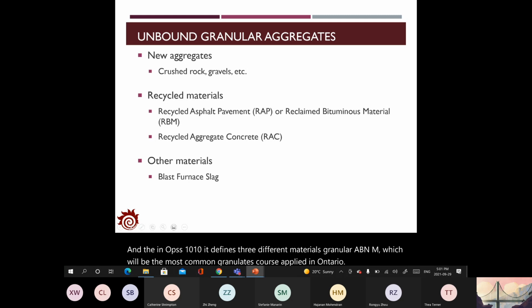For the granular base courses, there are several materials we can use. The first one we call unbound granular aggregates. There could be some new aggregates, crushed rock or gravel, that we obtain from mountains, or from in situ soil.